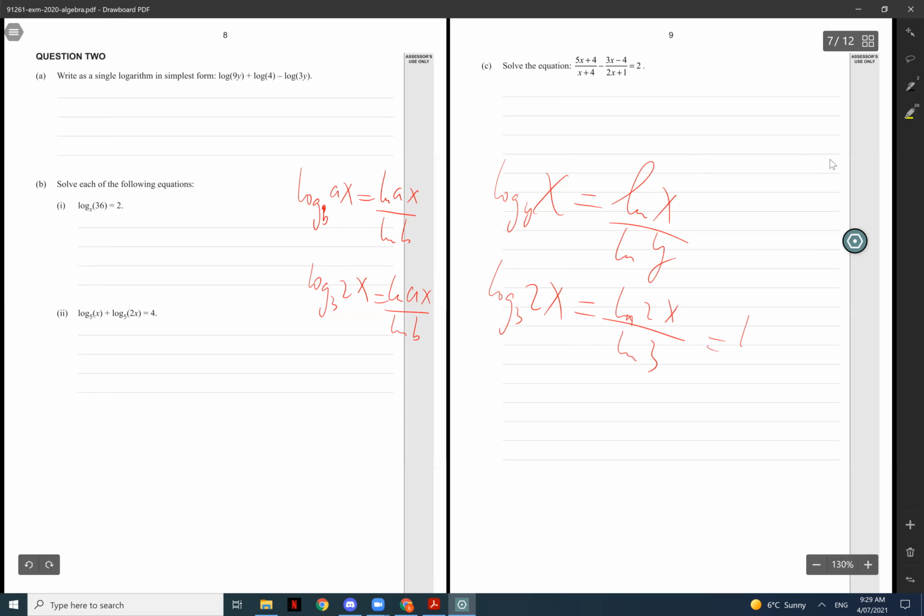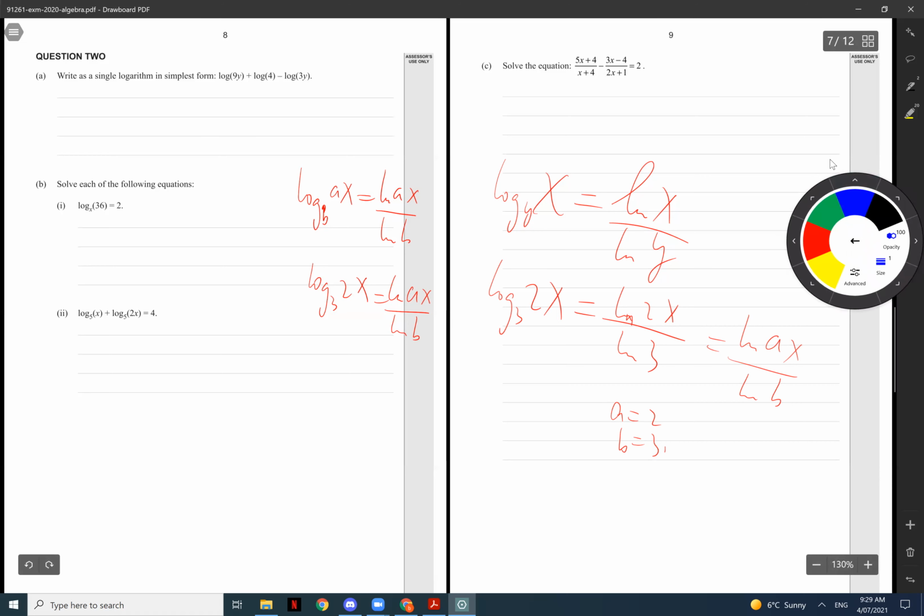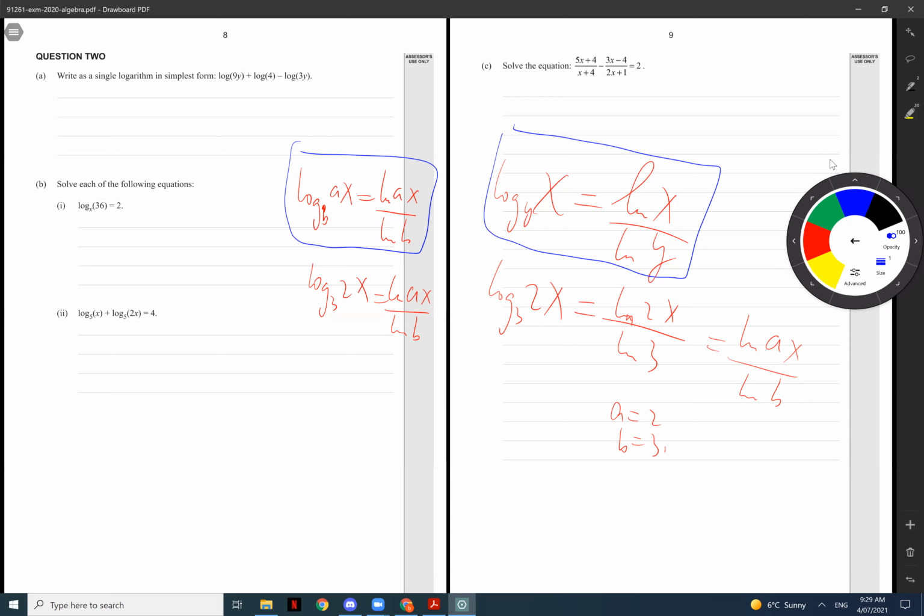Camellia, what's A, what's B? A is 2, B is 3. So you need to memorize this formula. This formula is called the change of base.